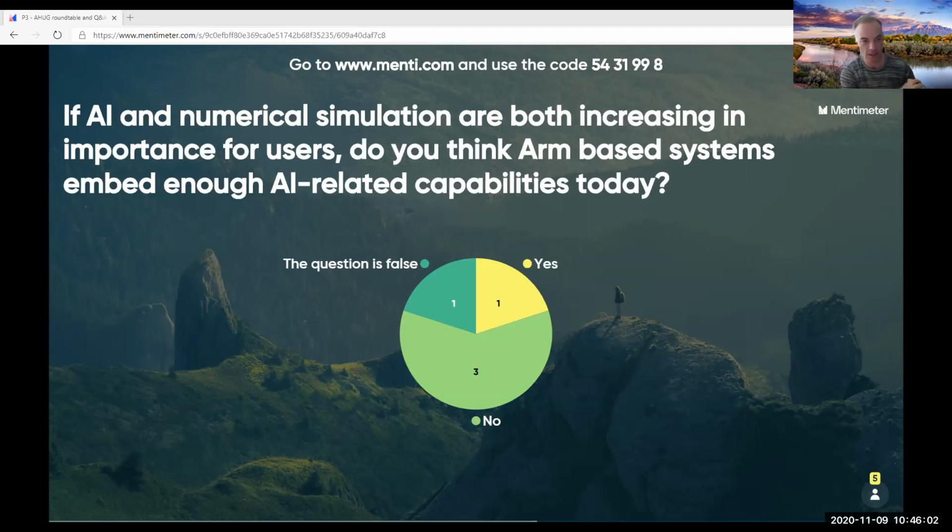I think we're slowly finding them, but it's not this transformative process where AI is suddenly completely changing how we do business. It's more of an additive process. We're still doing lots of numerical simulation. We're getting really good at generating so much data we can't sit down and look at it all, so we can use AI to help us with some of that.